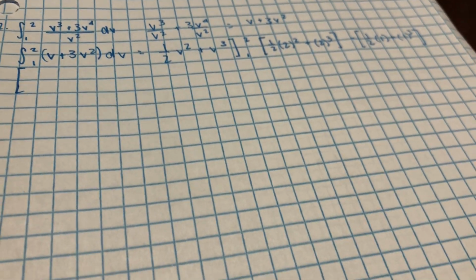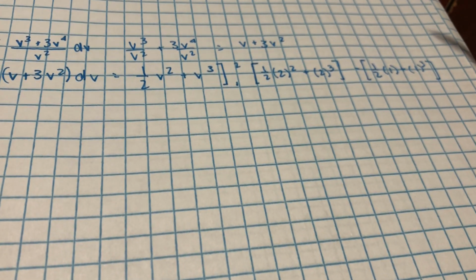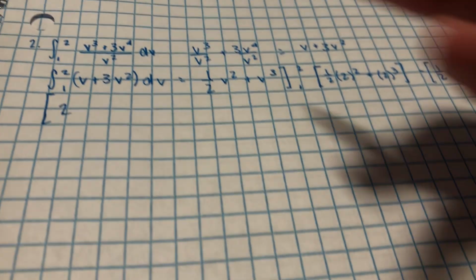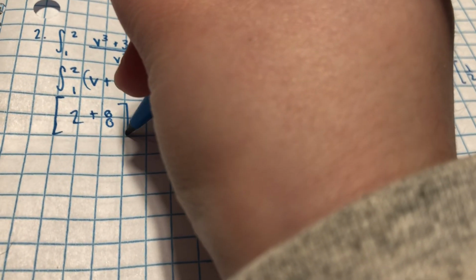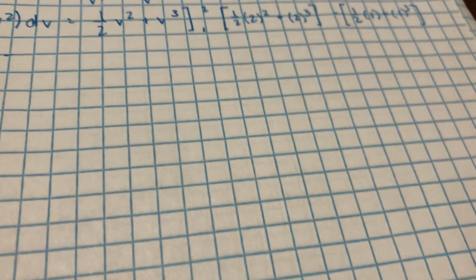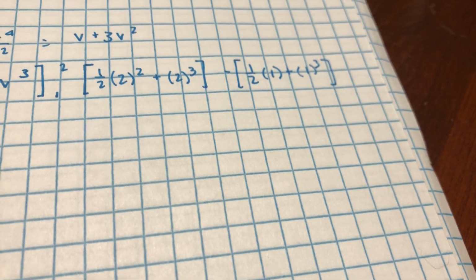So when we simplify this, we have 1/2 times 2 squared. 2 squared is 4. 1/2 of 4 is 2. So we have 2, and then 2 cubed is 8, plus 8. And then we are subtracting 1/2 times 1 is 1/2, plus 1 cubed is 1.